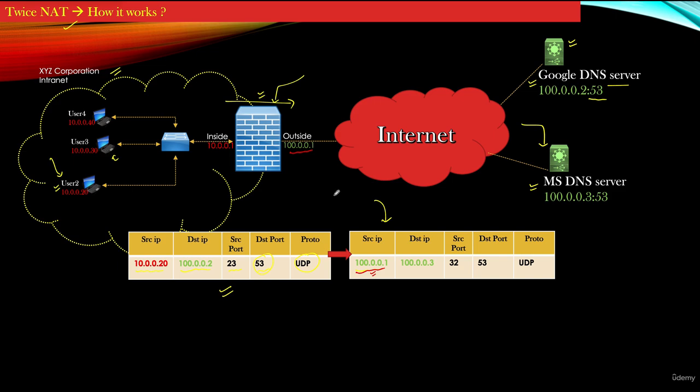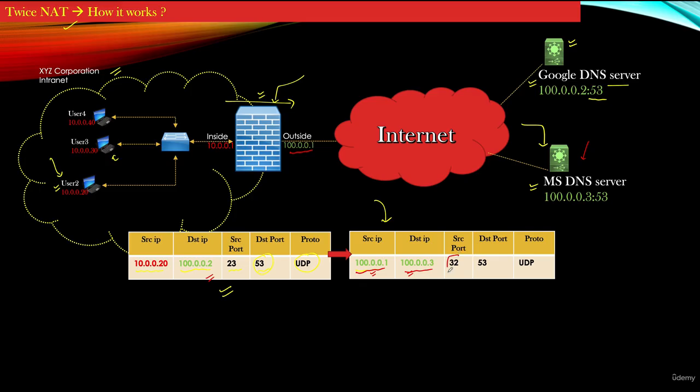Alright. The destination IP address, you can see, has been translated from 100.0.0.2 to 100.0.0.3. It means that this translated packet would go to the Microsoft DNS server and not to the Google DNS server as per the destination IP address, right?